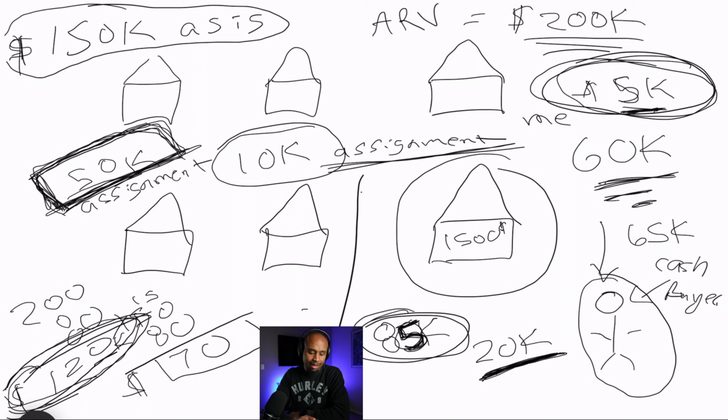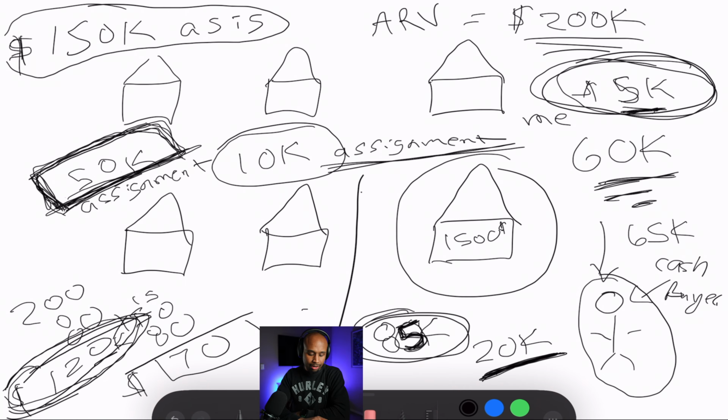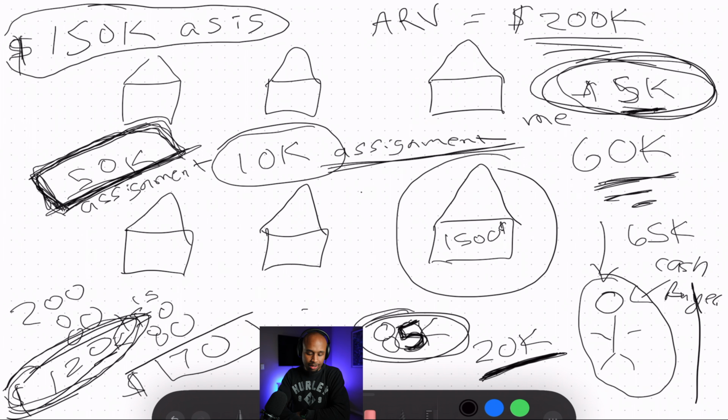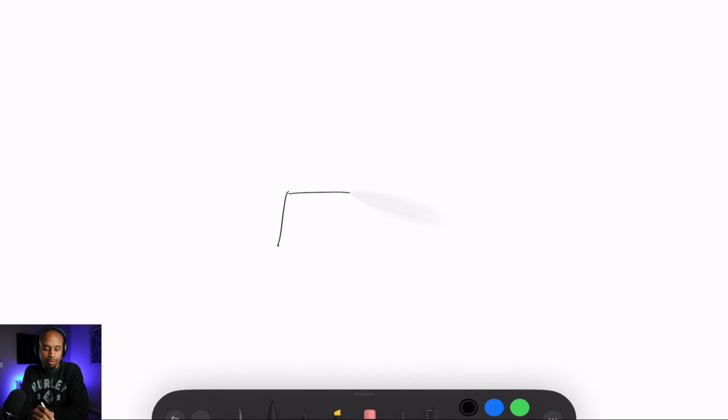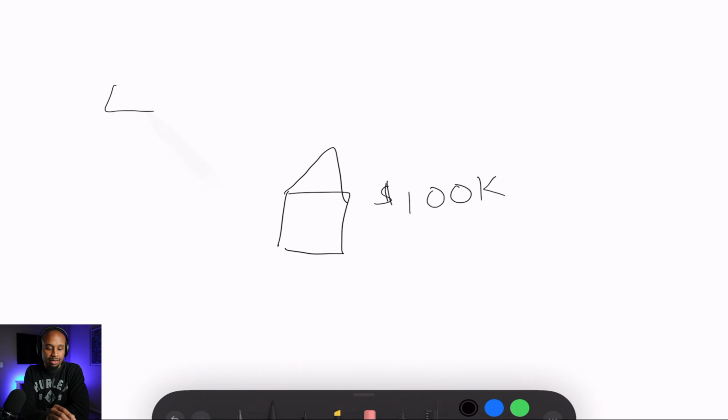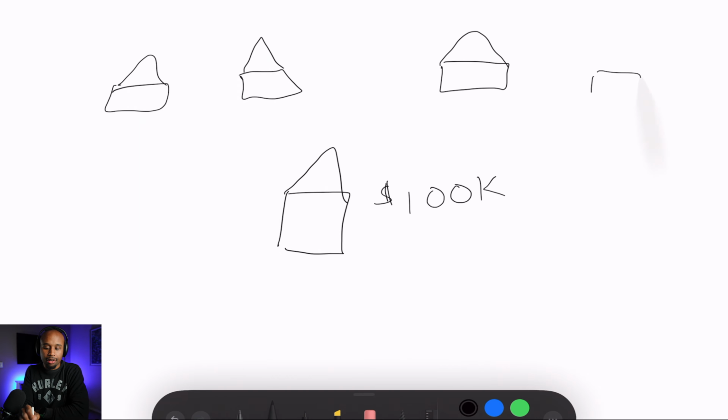Okay, let's say that you find a house in a neighborhood where the seller wants $100,000 for the house, and houses in this neighborhood are selling for $150,000, all fixed up.